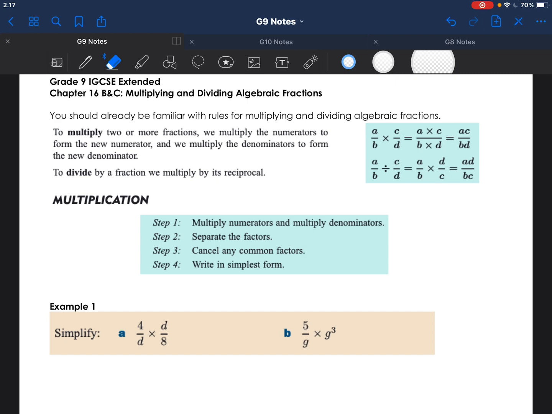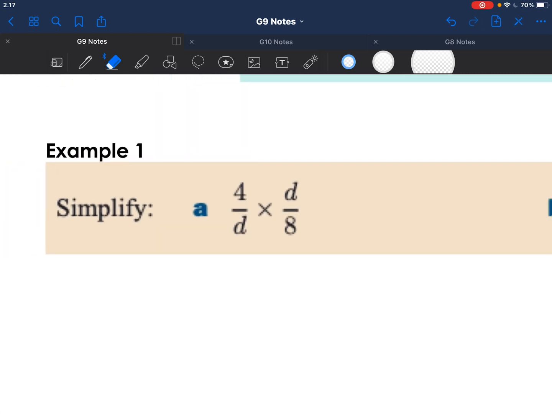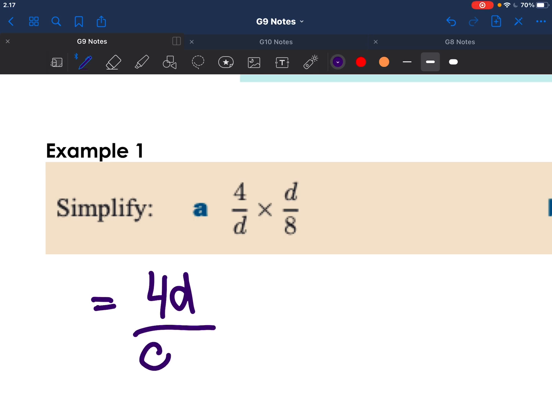Alright, so let's jump in here. We have 4 over d times d over 8. By the multiplication with fraction rules, we just multiply the numerators, and then we'll multiply the denominators. Okay, and as you guys can see here, we can cross out d. It's okay because it's multiplication. So that's 1.